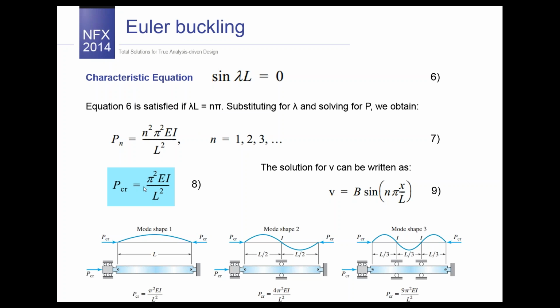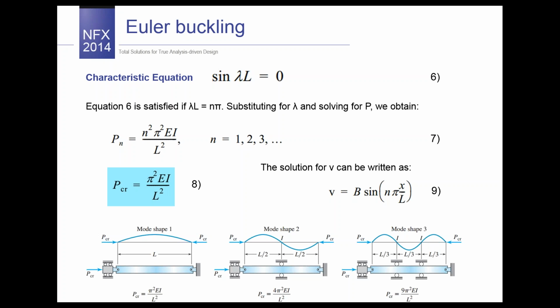Furthermore, the minimum value of I, the cross-sectional moment of inertia, should be used. Once again, the critical buckling load has been presented as equation number 8. This is the critical buckling load, also called the Euler load, and buckling will occur about the axis that has the minimum area moment of inertia.